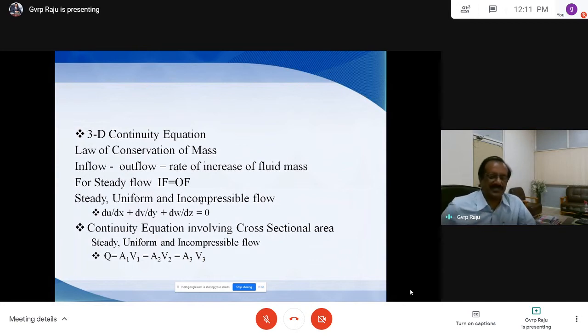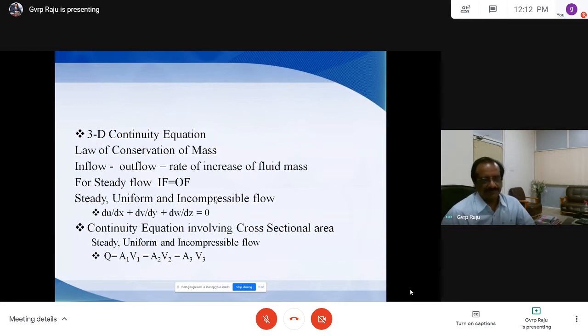It is not compressing; whatever the compression, we have the same mass in a given volume. These steady, uniform and incompressible conditions are the assumptions for the three-dimensional continuity equation.